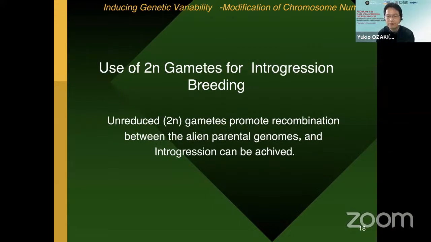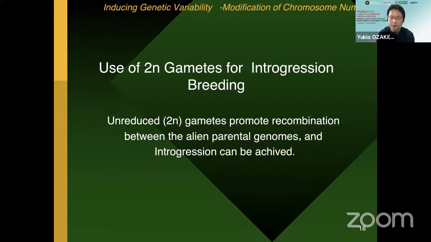When gametes have the somatic chromosome number 2n, they are called unreduced gametes. This condition occurs widely among angiosperms, and some researchers believe this to be the origin of polyploid plant species.